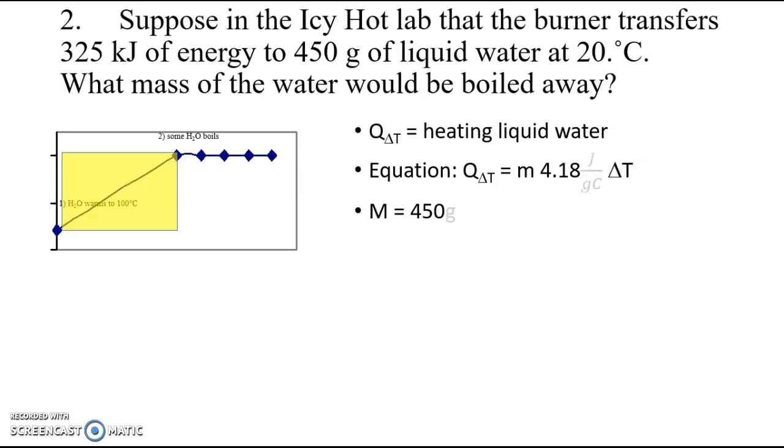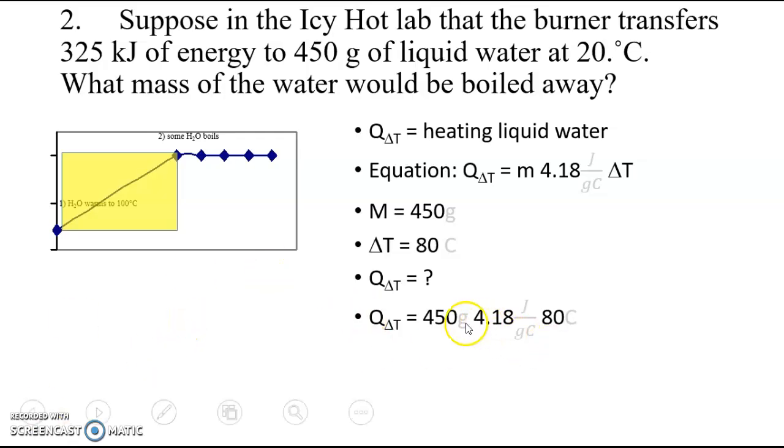They gave us a mass of 450. Our delta T, we're heating it up from 20 to the boiling point, so it has to go from 20 to 100, which is 80 degrees. So that's our delta T. And we're actually trying to find this, so our equation's already set up to solve for Q. So we can just substitute in 450 grams for our mass, 4.18 joules for every gram for every degree Celsius, times 80 degrees Celsius.